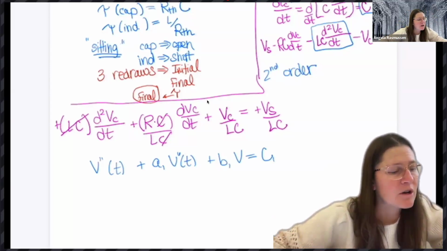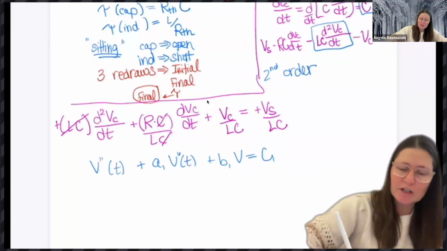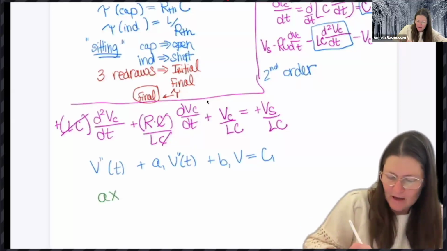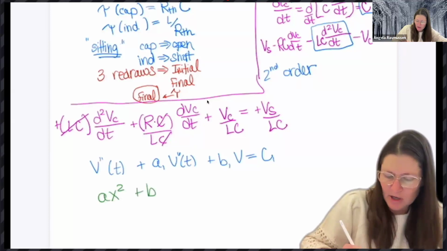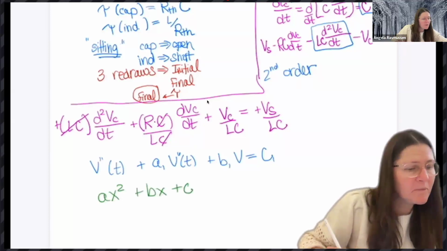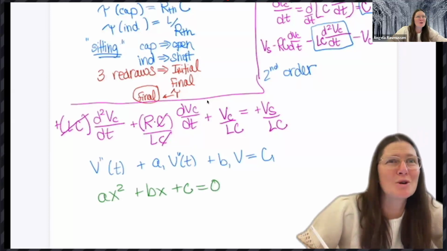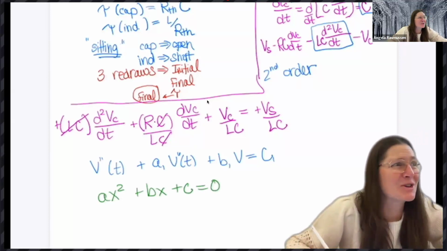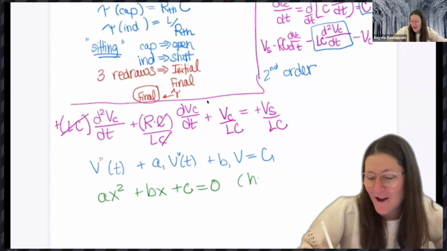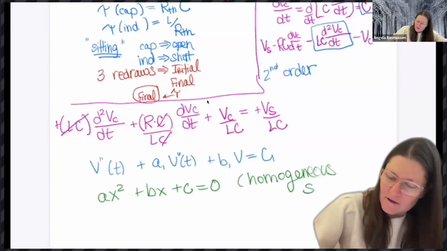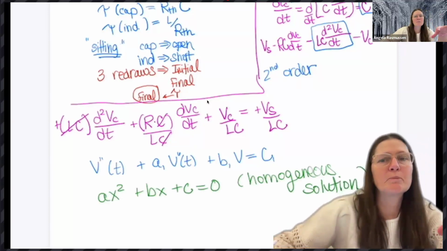So this can be treated like x squared plus bx plus c equals 0, and I use the term homogeneous solution. I don't know if you guys heard that one. Okay, homogeneous solution. So this is when that equation equals 0.